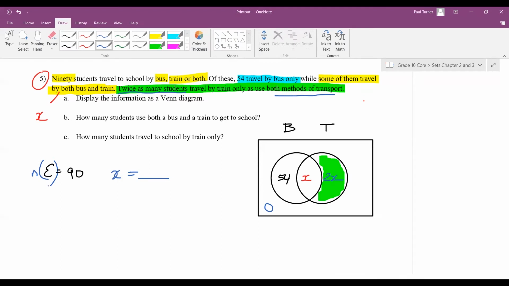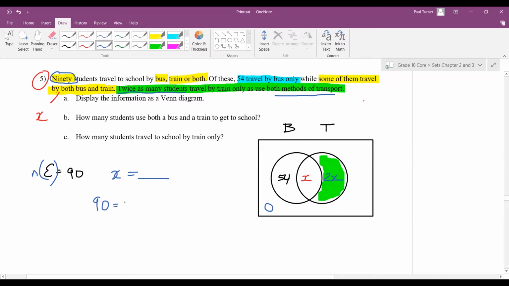What do you think? Because everyone in the group is 90 students and we have no one outside the circle. So they're either taking bus or train or both. So 90 should equal the sum of these values here.